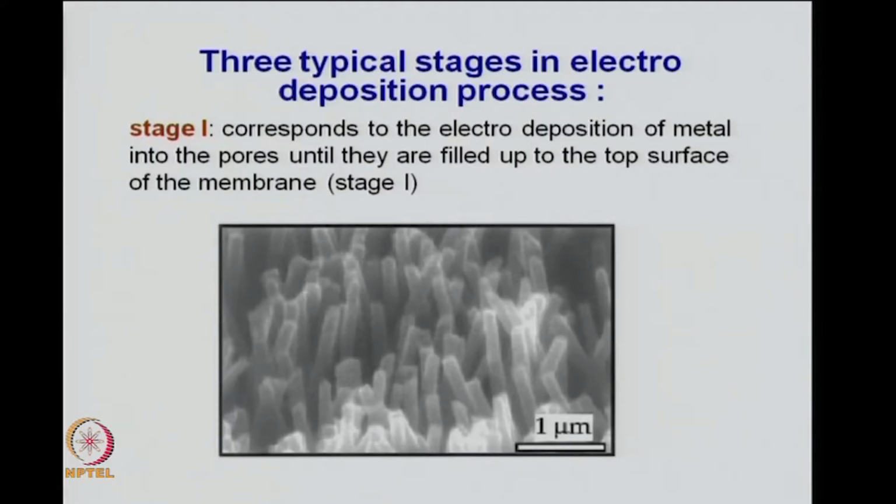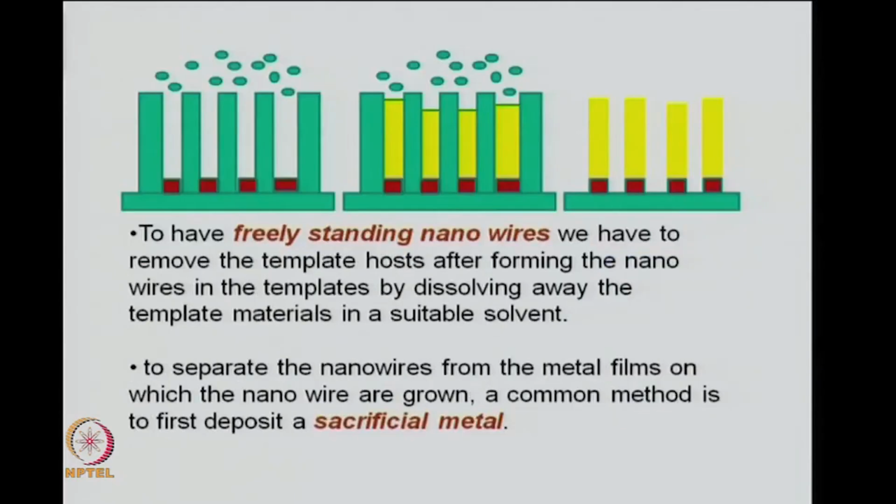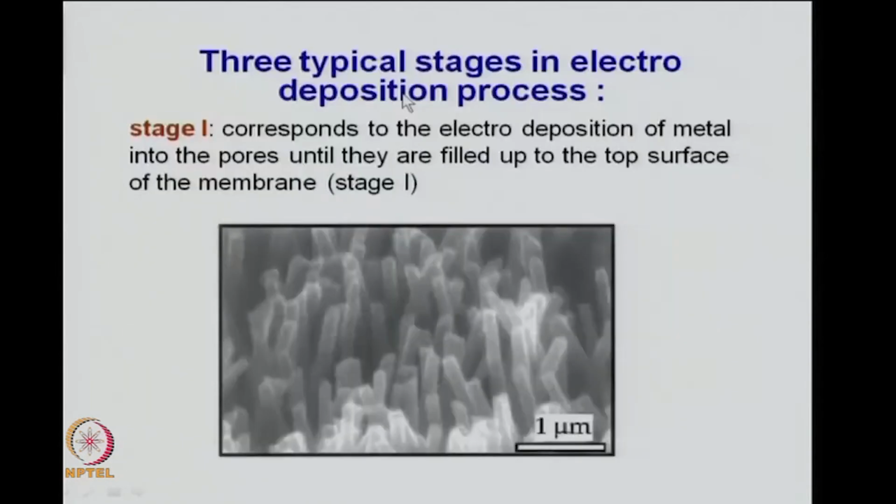So, say your membrane thickness from here is something like 40 nanometers. The first stage is growth of these nanowires up till the surface of the membrane. So, that is the first stage. In that first stage these wires are growing up till the surface of the templates.